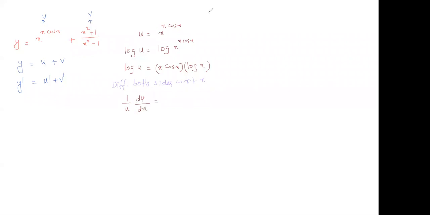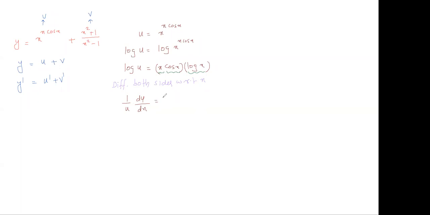and right side you can say it is a product of three functions. One is x, another one is cos x, another is log x. So you can apply the product rule. The product rule can be extended to any number of functions. So the thing is you have to find the derivative of one function every step, keep the other two functions the same.